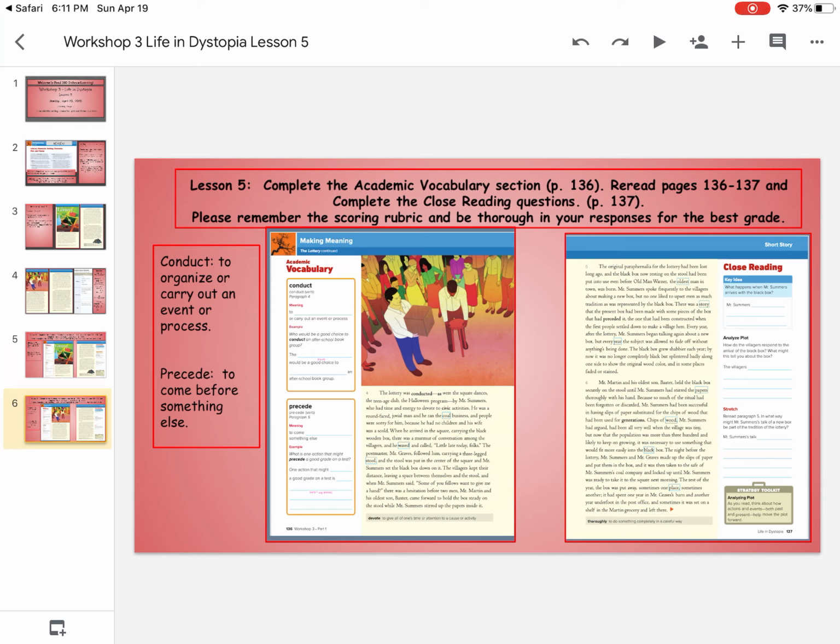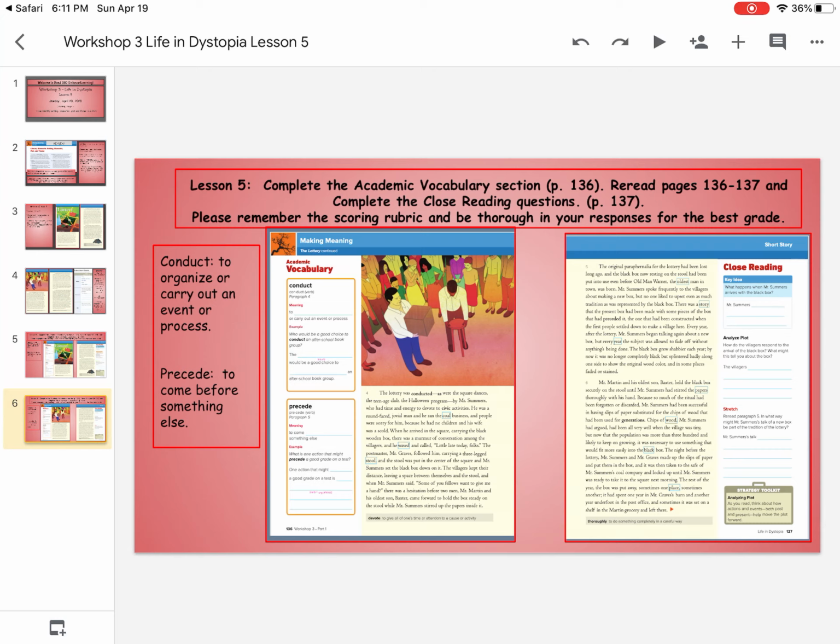We're going to take a little bit closer look at this story today on pages 136 and 137, which we have read. If you need to, I would suggest rereading those two pages. Put this on pause, reread pages 136 and 137 before you complete your assignment today.